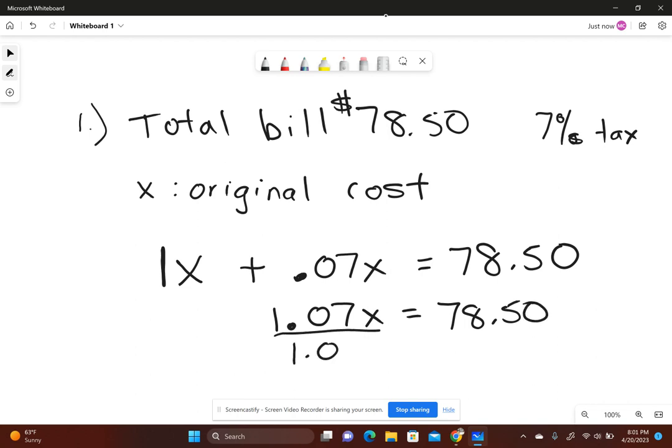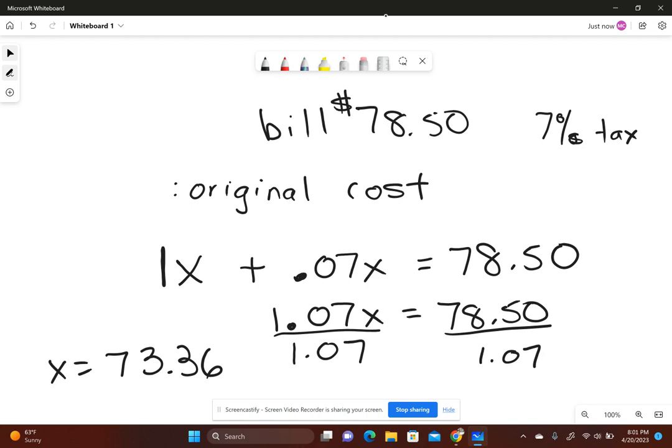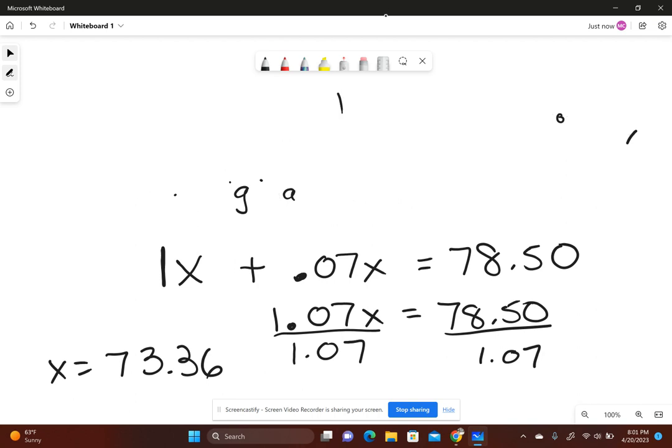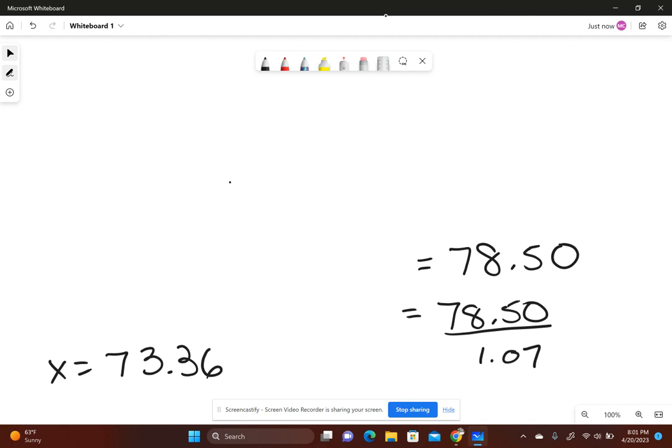I divide both sides by 1.07, and when we do that, we get x equals 73.36. Now, to see if we're right, we take 73.36 and we just pretend it's a different problem. So pretend the problem said your bill was 73.36.